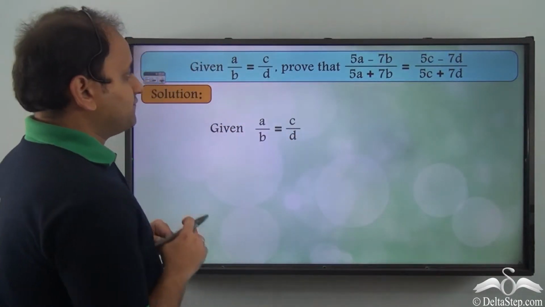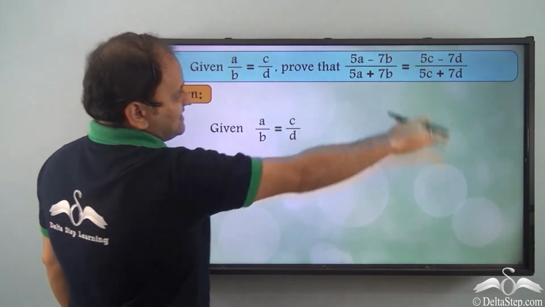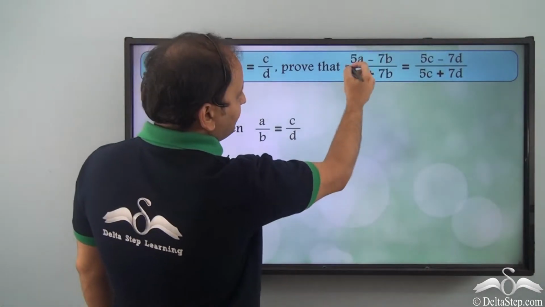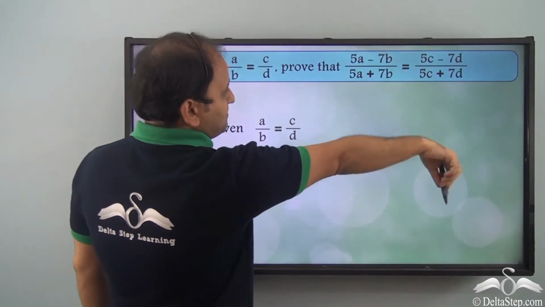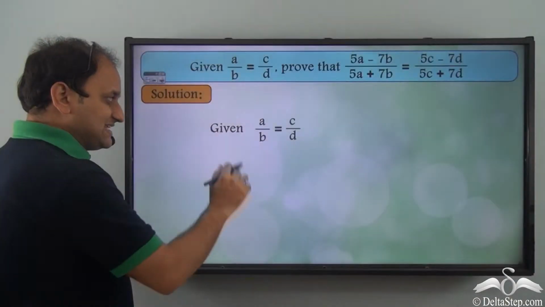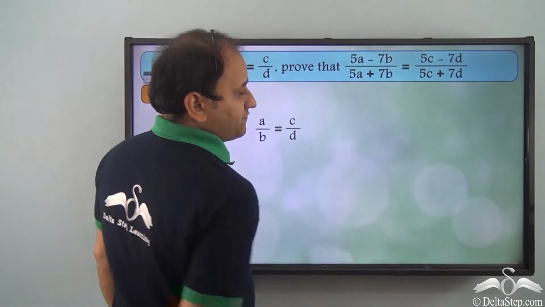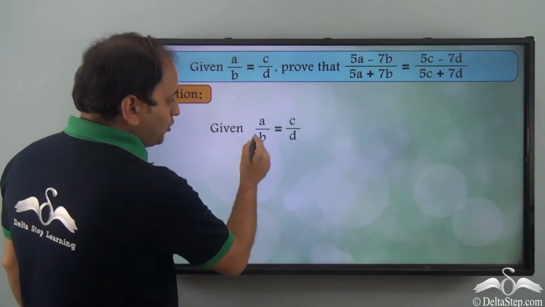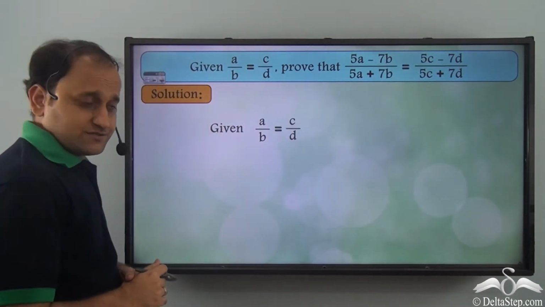Now, the first question is that we need to reach here, right? Now, here what do we see? We see that we have 5a, 5c, we also have 7b and 7d. So, we see that both numerators have 5 as their coefficients. Similarly, both denominators have 7 as their coefficients.